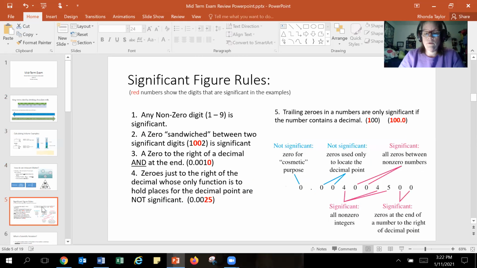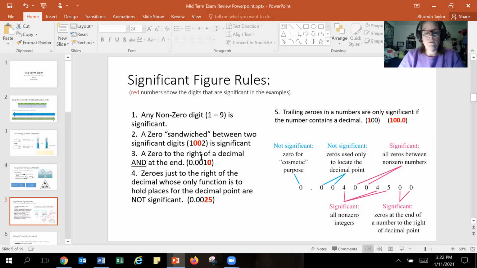Some of the other information you need for that one were your sig fig rules. Any number between 1 and 9 is considered a significant digit. Any zeros sandwiched in between 1 through 9 are considered significant, such as in 1002. Those zeros are significant, as well as the 1 and the 2.